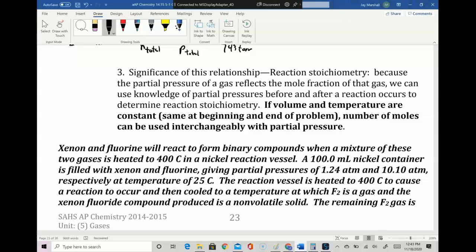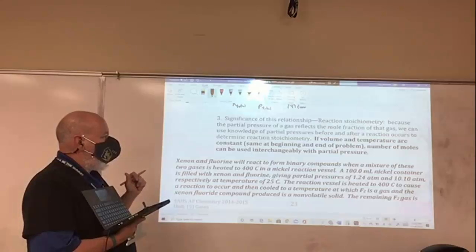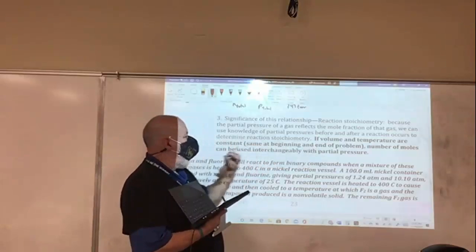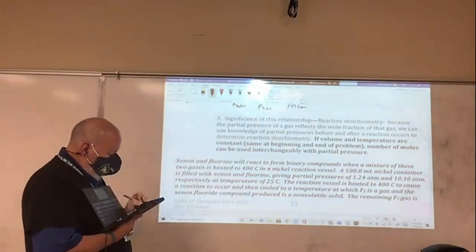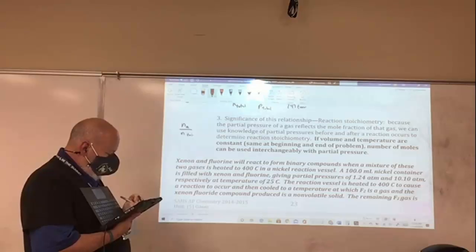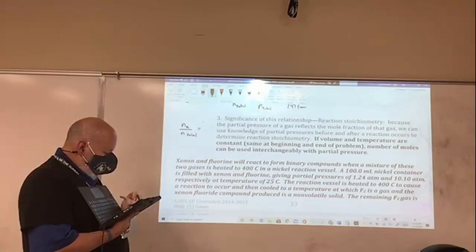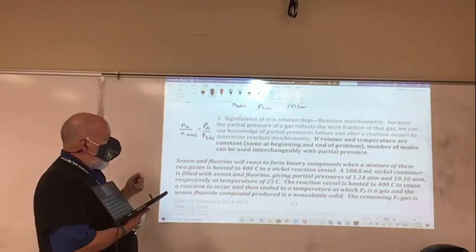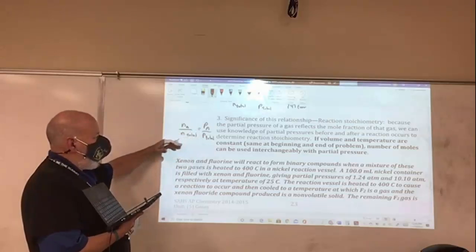Okay, if volume and temperature are constant, the number of moles can be used interchangeably with the partial pressure. The ratio of the moles of A to the total can be substituted for the ratio of the pressure of A to the total pressure. So I can use this to help me determine reaction stoichiometry.